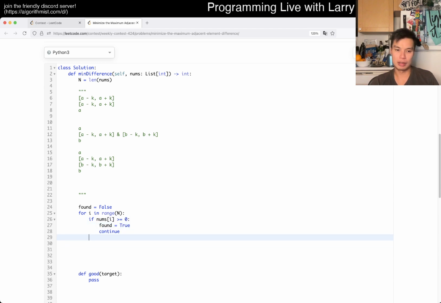Else it is a -1. If we are found, then maybe streak is equal to something, right?